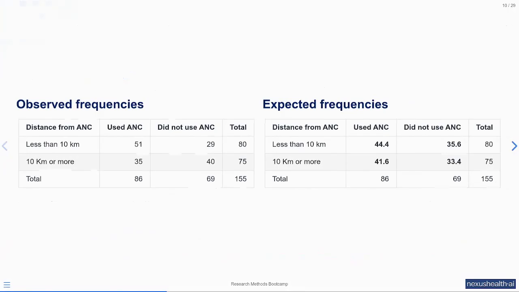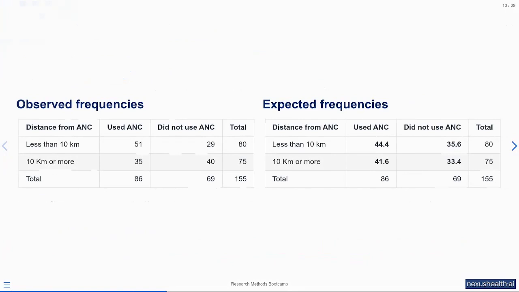So if we look at our contingency table, we find that 51 out of 80 women living within 10 kilometers of the antenatal care used the antenatal care facility, compared to 35 out of 75 women who lived more than 10 kilometers or more away.